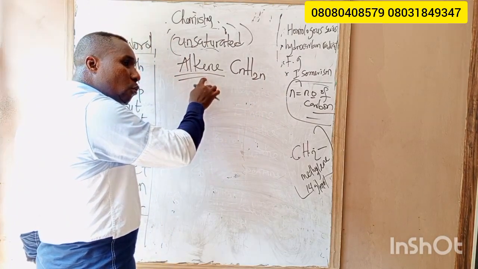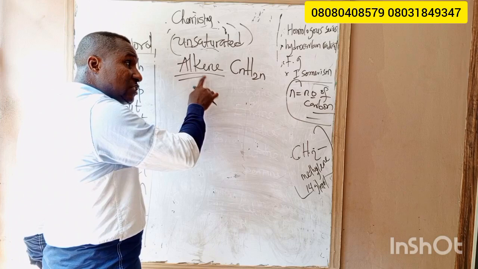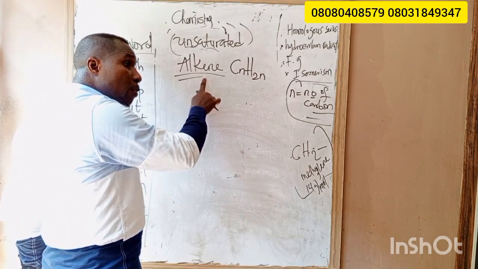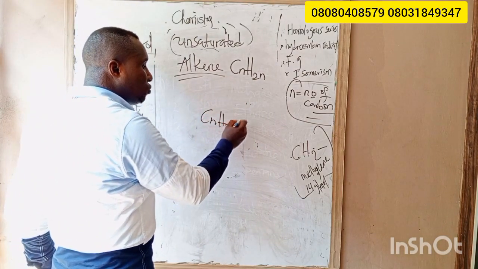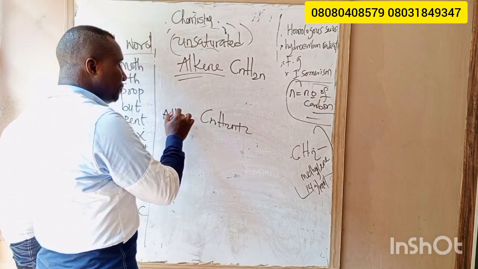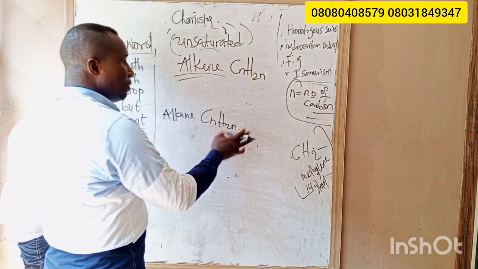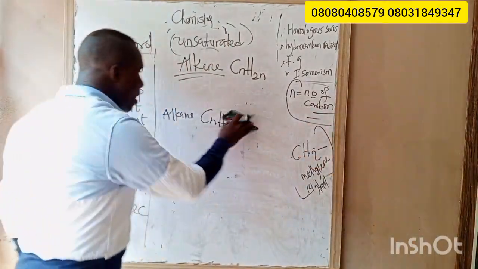This is the second homologous series of hydrocarbon compound, alkene, it is unsaturated, double bond. When you remember the first one, CnH2n plus 2, this is alkane. For alkene, just remove the 2. That is that.